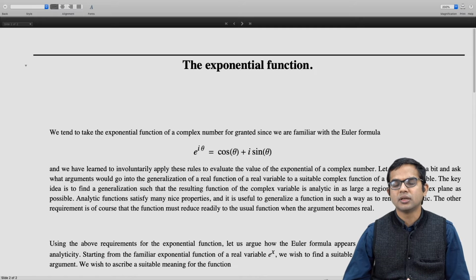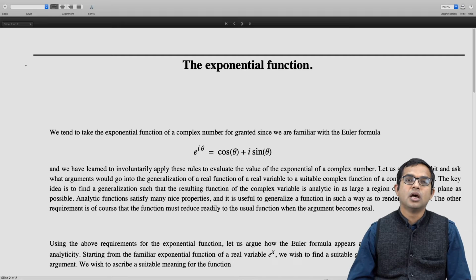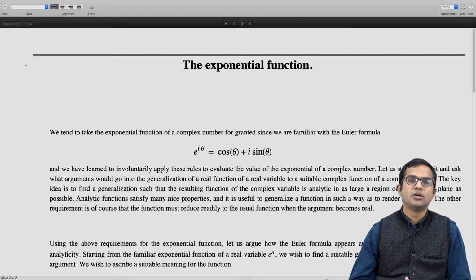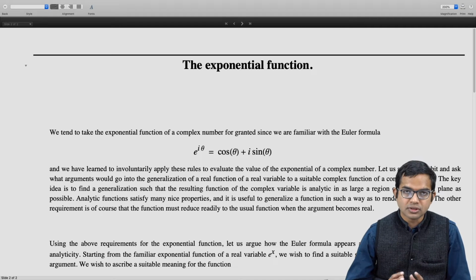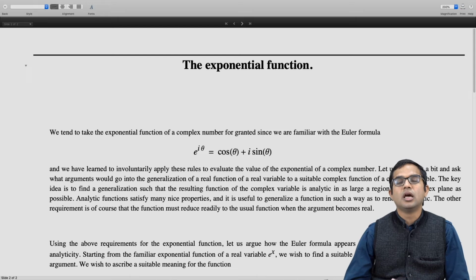So in general, when we are generalizing functions to include complex variables, there are two requirements. One is to ensure that the function reduces to the same function that we're used to when, instead of a complex number, you put a real variable. So if you have z equal to x plus iy, and if you put y equal to 0, it must give back the original function, right? This is an absolute minimum requirement.